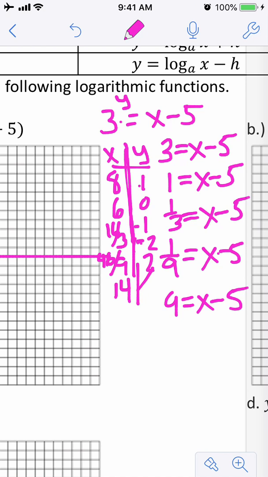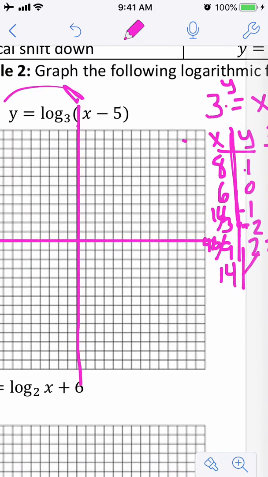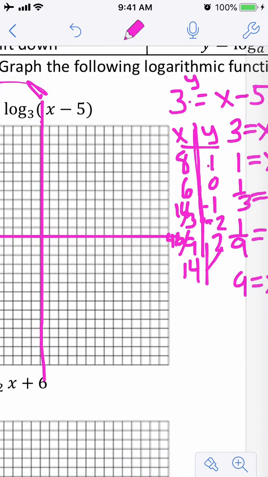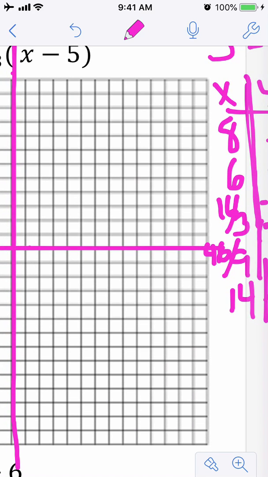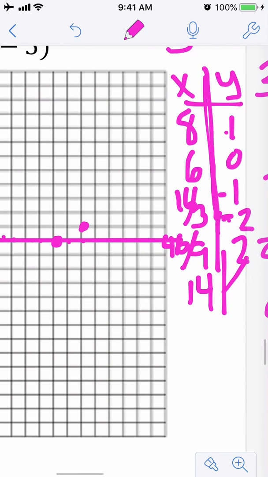Okay, so we have our 5 points now. Let's go ahead and graph that, right? We have 8, 1. So 1, 2, 3, 4, 5, 6, 7, 8, up 1. 6, 0. 1, 2, 3, 4, 5, 6. And then it would be 16 thirds.